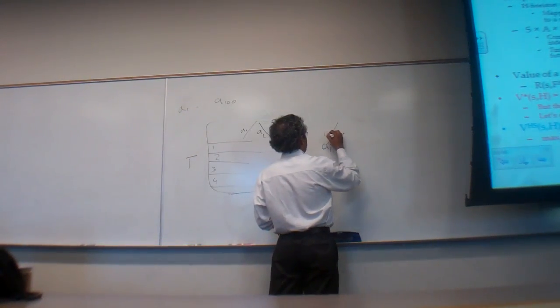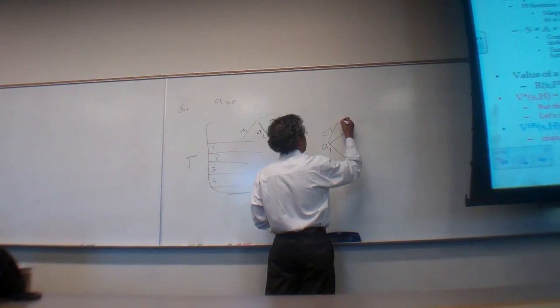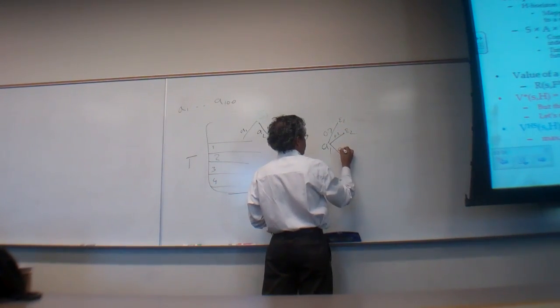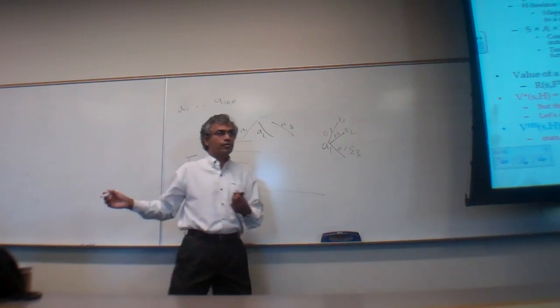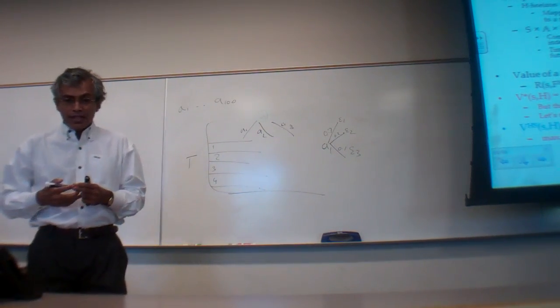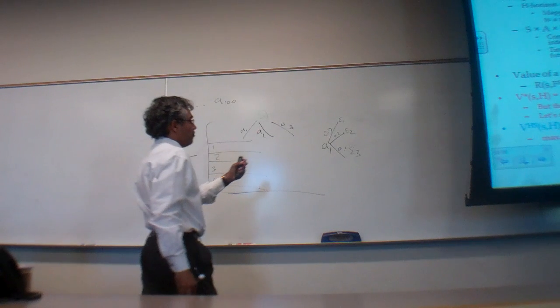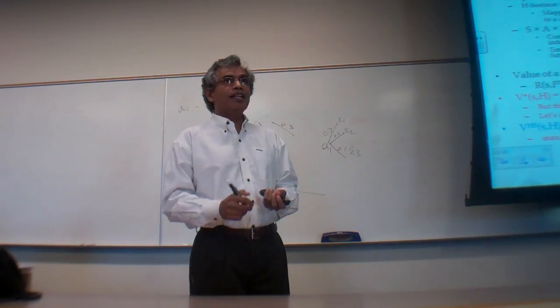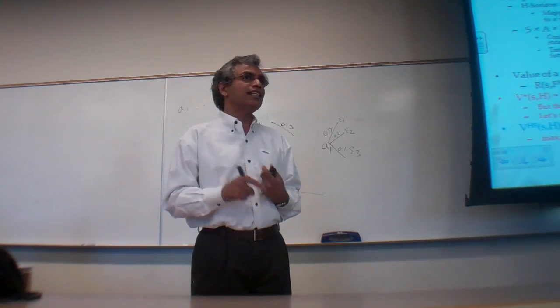With 0.7 it does one outcome, with 0.2 another outcome, and with 0.1 another outcome. Okay, the question, of course, is that when you actually do the action, only one of these outcomes is going to happen.